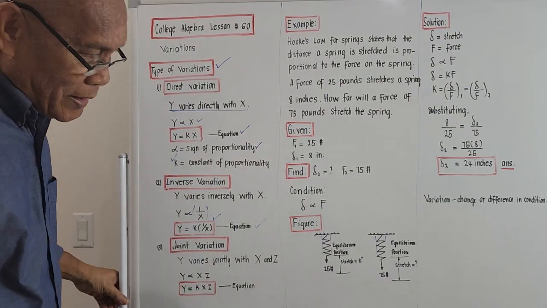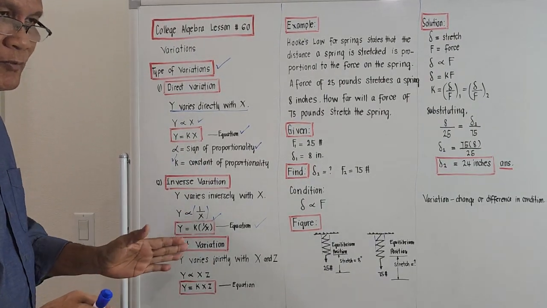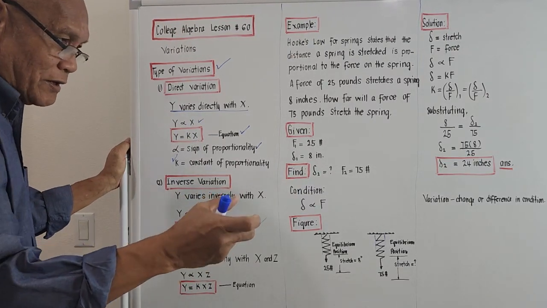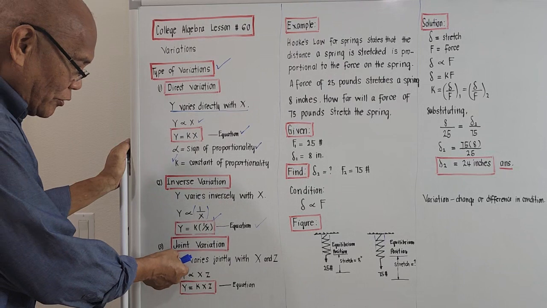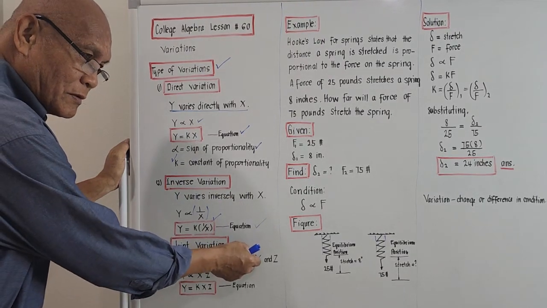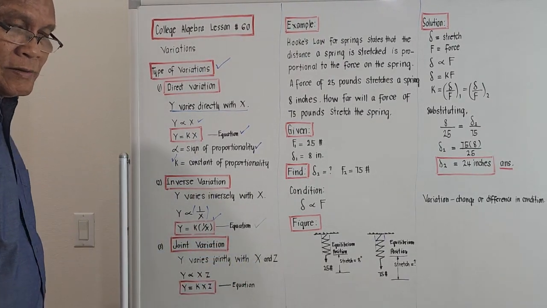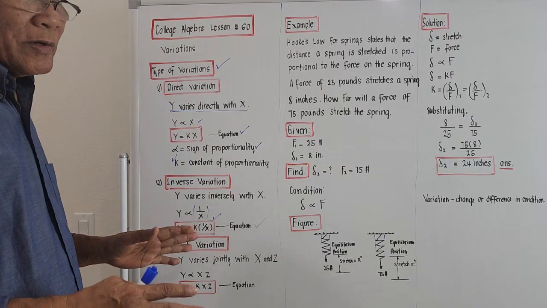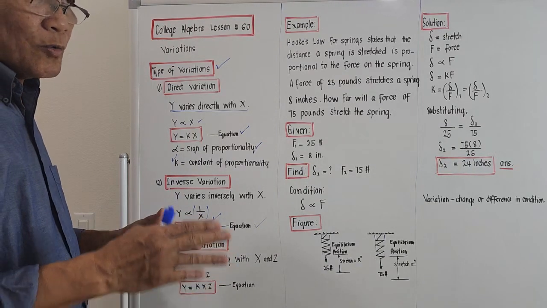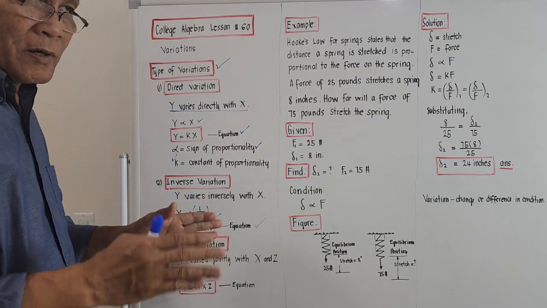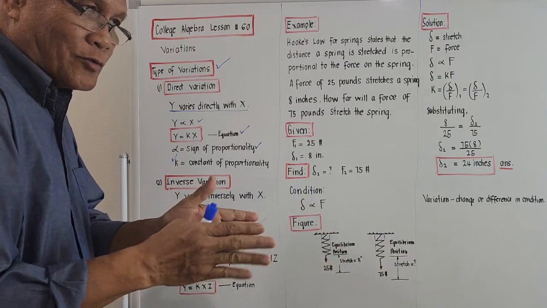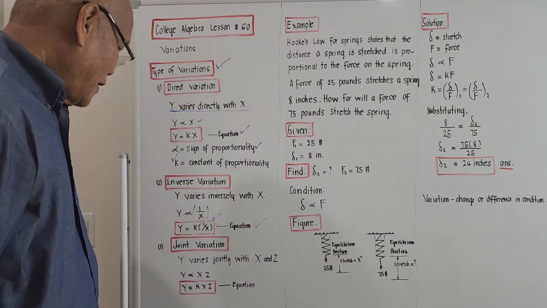And the third one is the more complicated one. The number 3 type of variation is the so-called joint variation. Joint, meaning we are not only comparing values of one variable to one variable. We might be comparing one variable to two other variables. That's why it is joint, right?